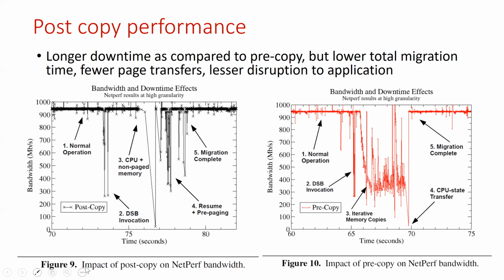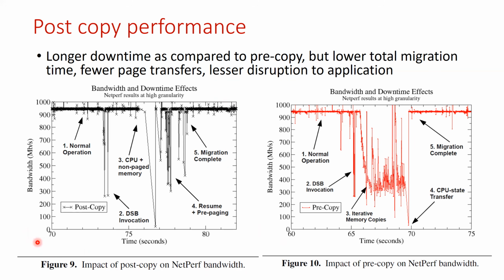On the left side is the post-copy experiment, on the right side is the pre-copy experiment. Here you have NetPerf, which is a networking client-server kind of application running. The x-axis is time, and on the y-axis you can see the throughput of the application's performance.